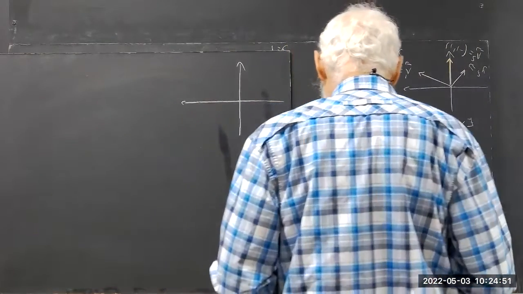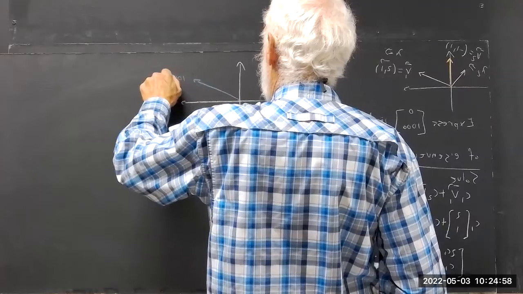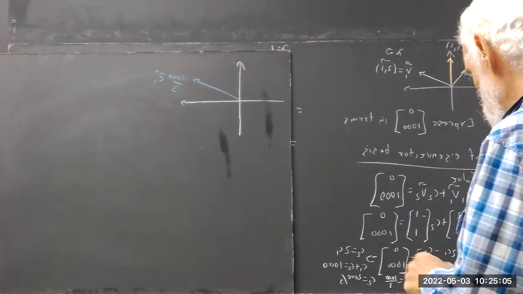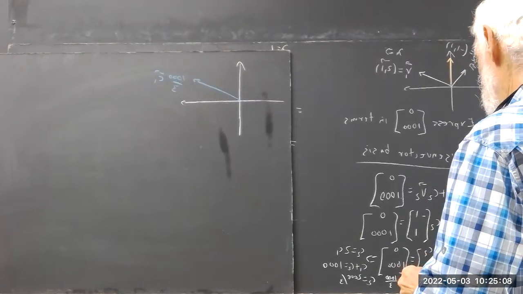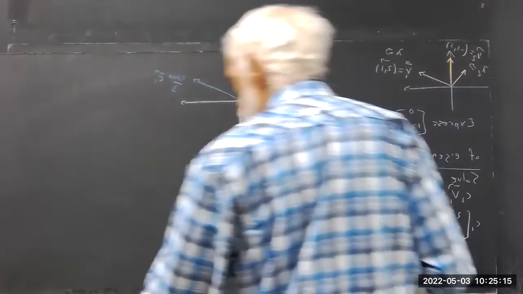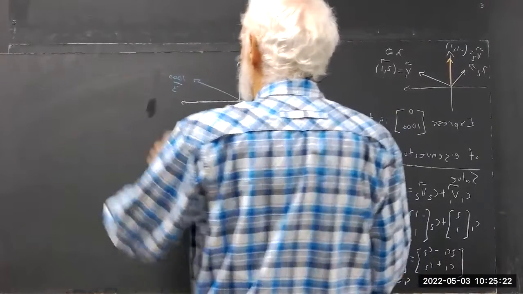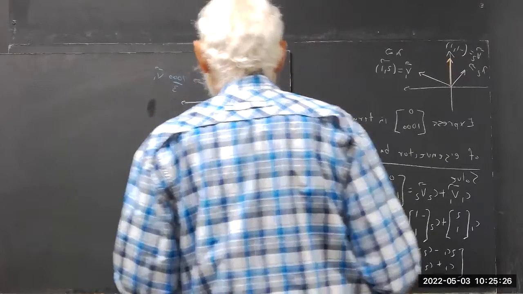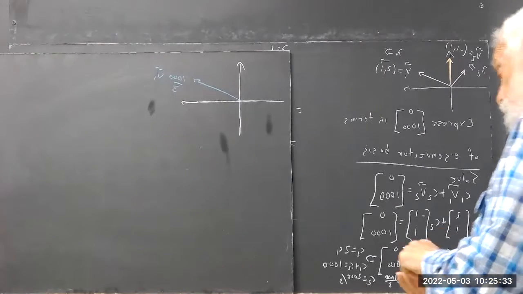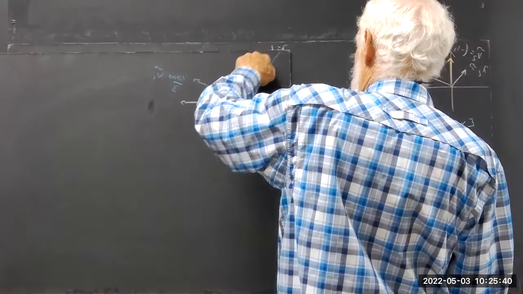So here you have 1,000 over 3 V1, and then you have 2,000 over 3 V2. So that's a bigger vector up here.